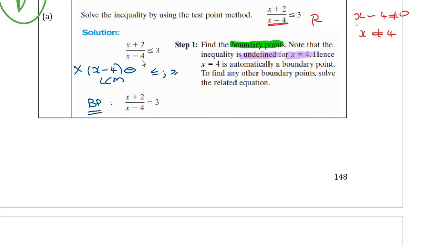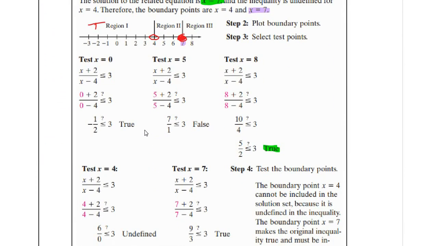So if my answer on the left hand side, when I substitute any x, is less than 3, then of course this whole inequality becomes true, because the left hand side is then less than 3. So when I test here in region 1 a number, say the number 0, any number in region 1, and my left hand side is less than 3, it becomes true.